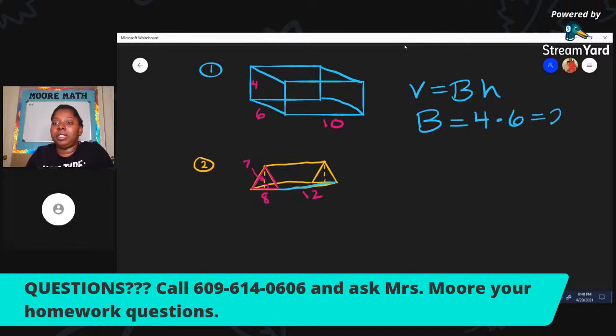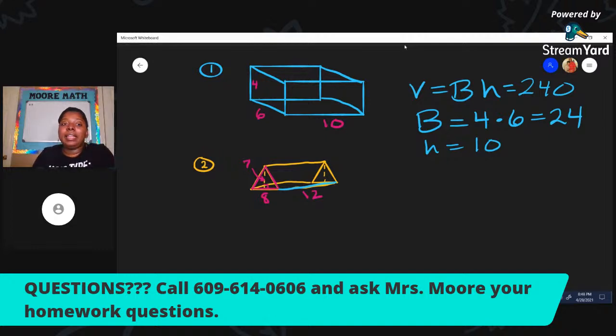A rectangle. Good. And we know a rectangle, like you said before, is base times height or length times width, right? And the height here is? 10. Good. Awesome. And I know you knew exactly what it was because you got 240. Excellent.